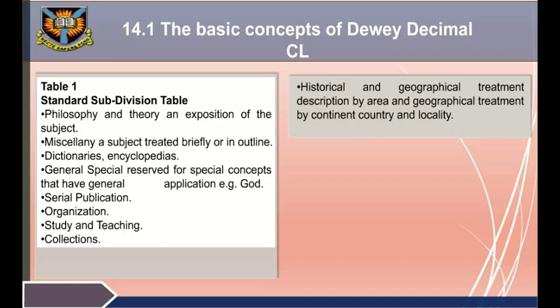Dictionaries, encyclopedias. General, special, reserved for special concepts that have general application, e.g., God. Serial publication, organization, study and teaching, collections. Historical and geographical treatment, description by area, and geographical treatment by continent, country, and locality.